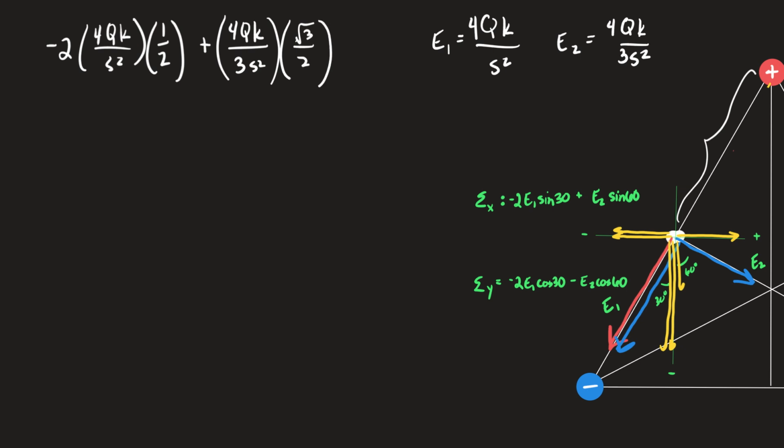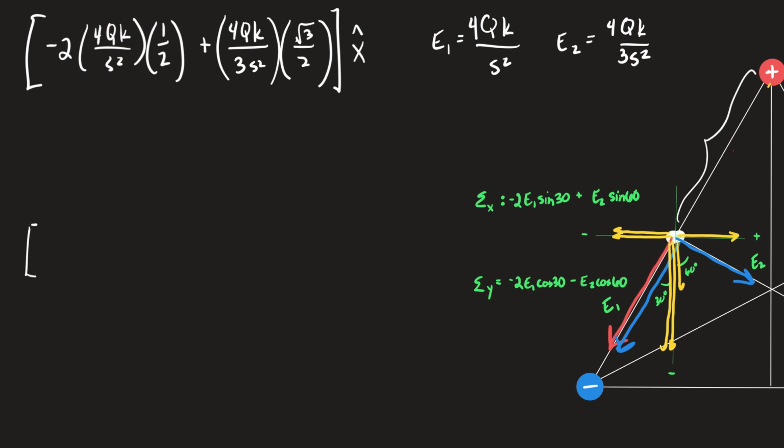So this represents the x direction. And we can simplify this a little bit. Not that much, but we can simplify it a little bit. But let's just hold off for right now, and let's do the same thing for the y direction.